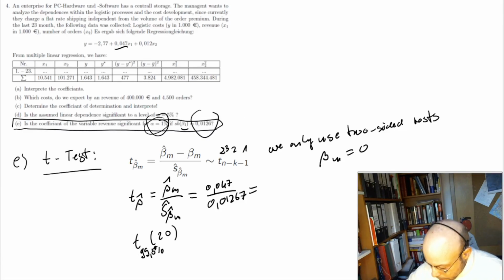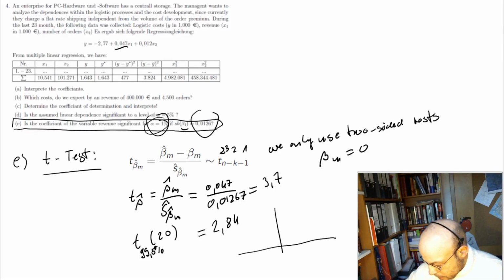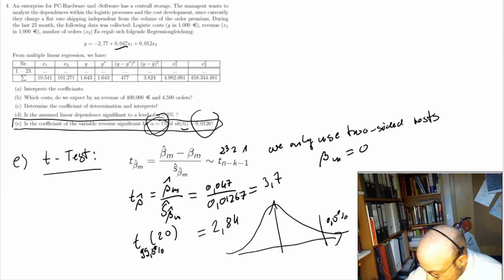Here, this is roughly 3.7. This would be 2.84, and then we are here, and this is 0.5%.